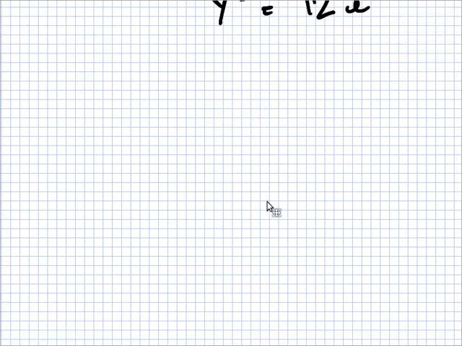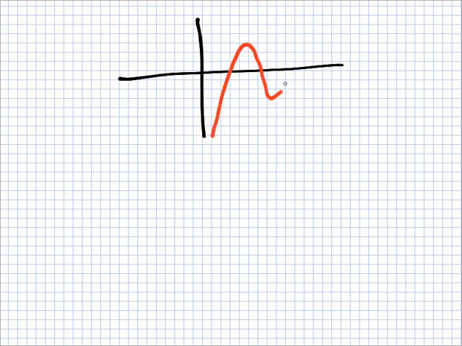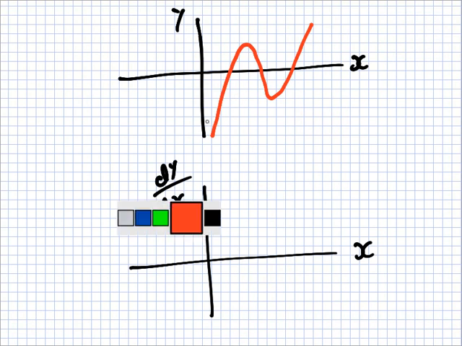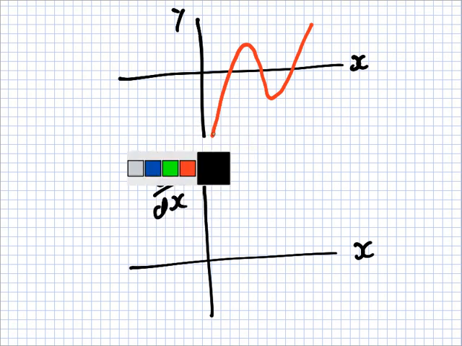So, let's say we have some simple graph like a cubic. So we'll have a cubic graph here. This is x and this is y. Now let's consider what the derivative looks like. So let's say we have x is 0. The derivative would be positive or negative here?